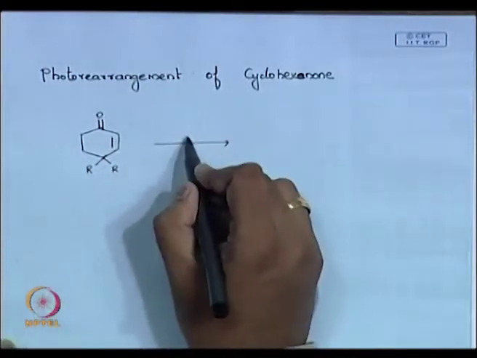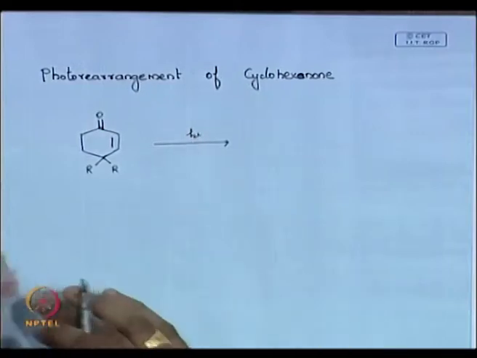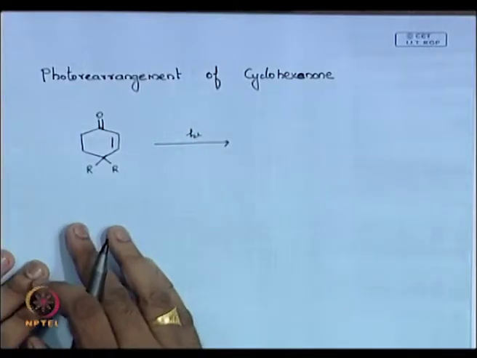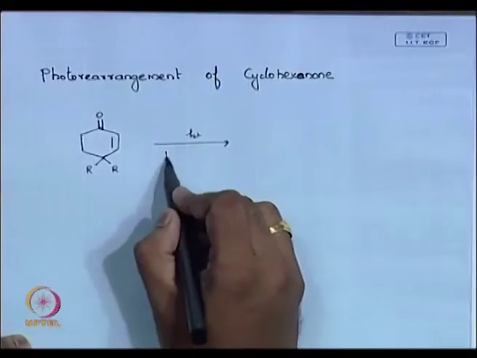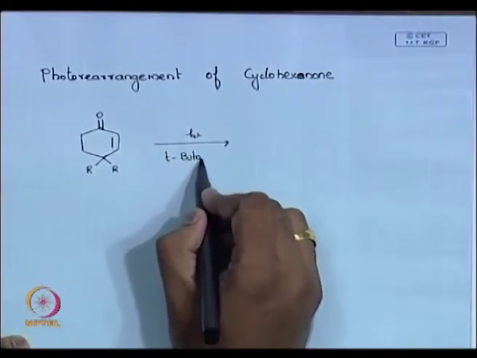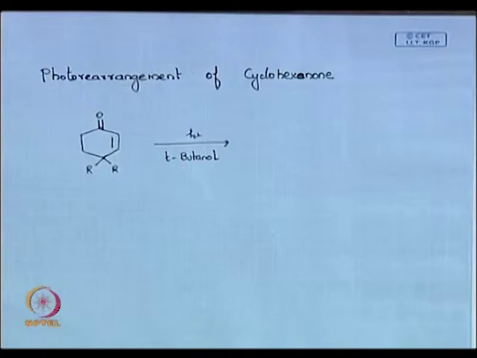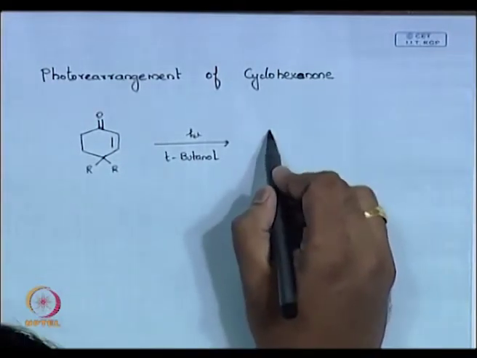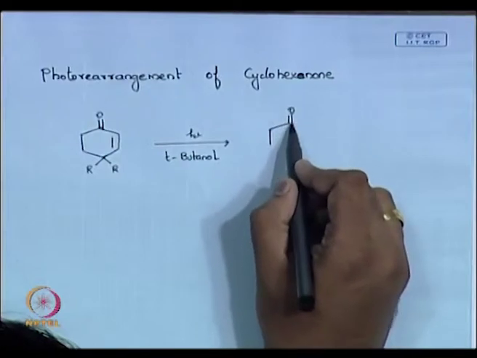and if you photolyze this, in this case the solvent plays an important role. If you photolyze in the presence of tertiary butanol, you get a very nice rearrangement.